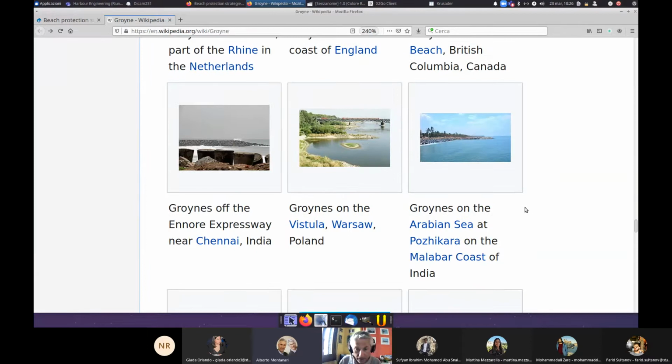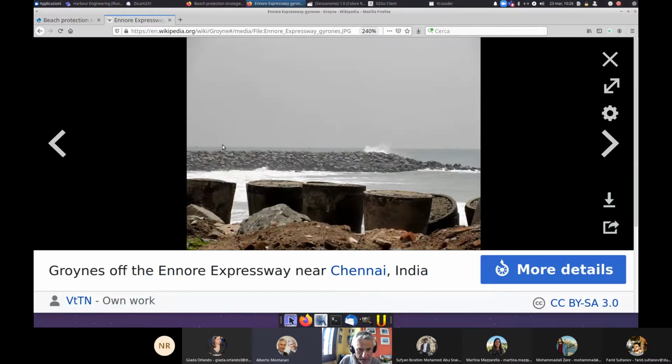Let's see if there are other pictures, and I think this is also an example of a groin that may be used to protect, to create a sheltered area. This is a long groin. It is getting a long distance into the sea, and it's therefore creating a protected area.